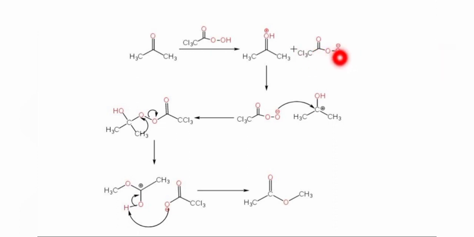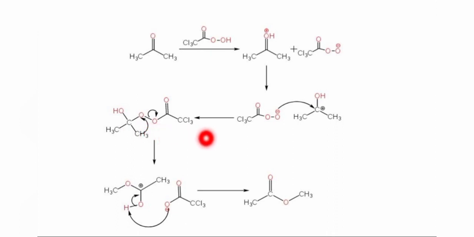This species gets converted into a carbocation, and on that carbocation the counter ion of the peracid attacks and we get this kind of species.